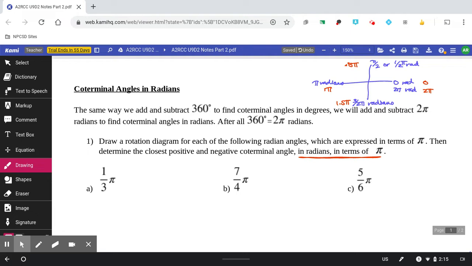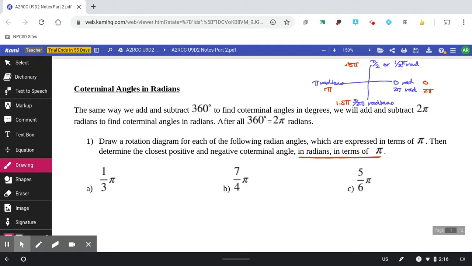So the same way we add and subtract 360 degrees to find coterminal angles, instead, we're going to add and subtract 2 pi radians to find coterminal angles, because 360 degrees is equal to 2 pi radians.